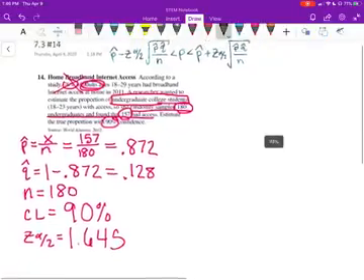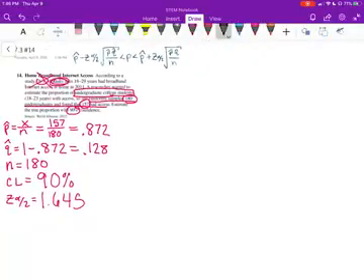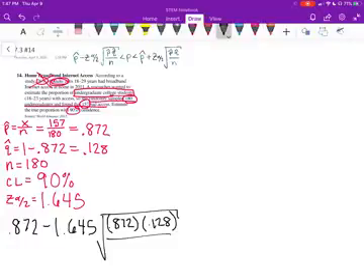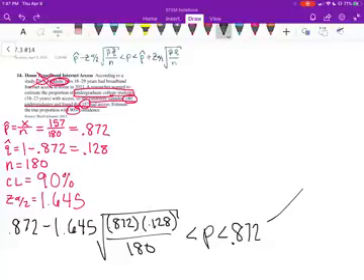So now let's calculate. We have p-hat is 0.872 minus z alpha over 2 is 1.645 times the square root of p-hat times q-hat, which is 0.128, over n, which is 180, is less than p, is less than, and the same thing, but positive, or plus.